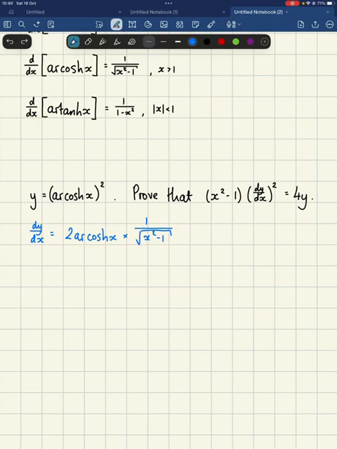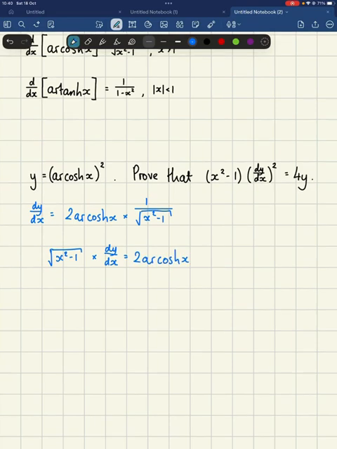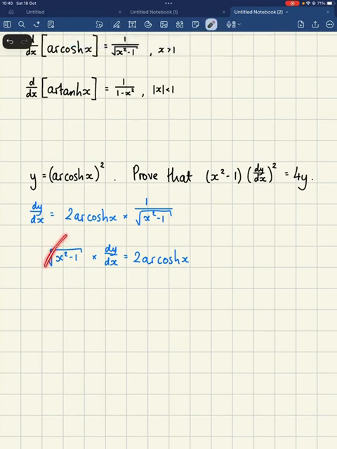So we get the square root of x squared minus 1 multiplied by dy by dx is equal to 2 arcosh x. If we square both sides, we get rid of this square root. This will become dy by dx squared, and this will become 4 arcosh x all squared.